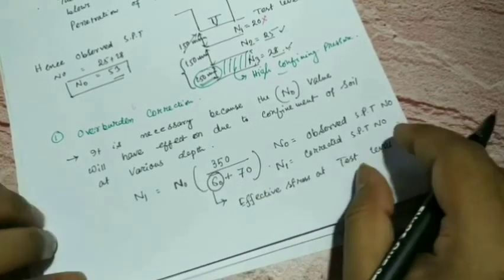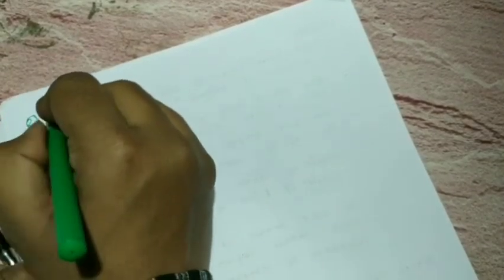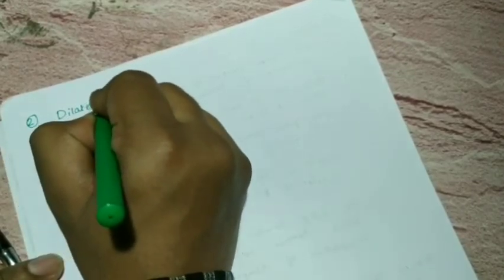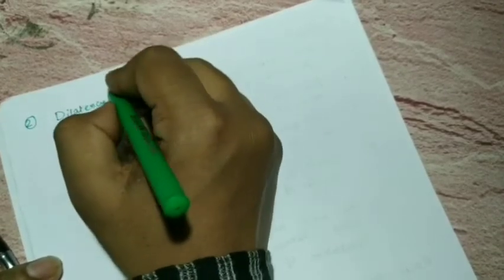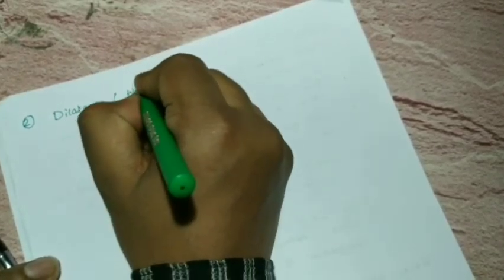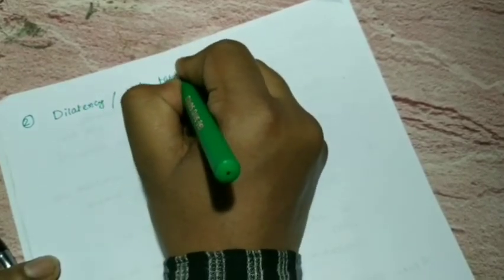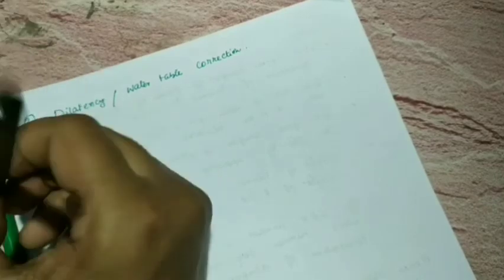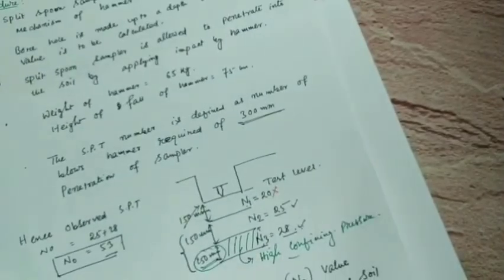Okay. Another correction is called dilatancy correction, or we can say water table correction. When is this kind of correction required? If water table is present at or above the test level, this is test level.